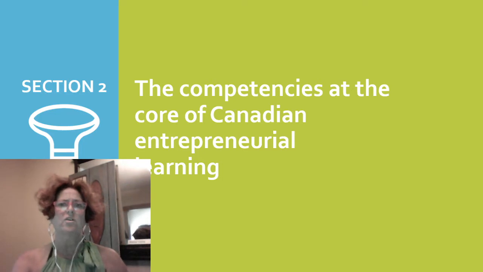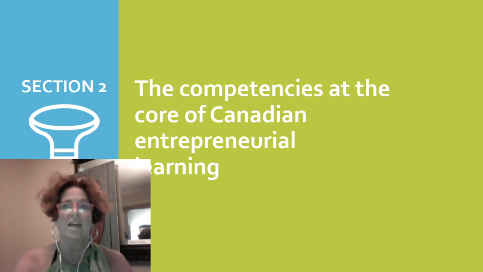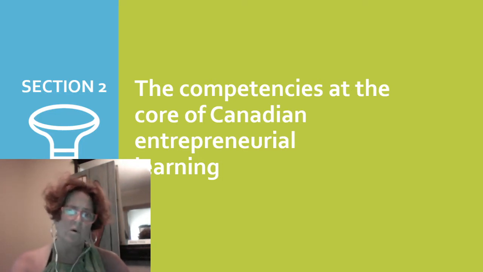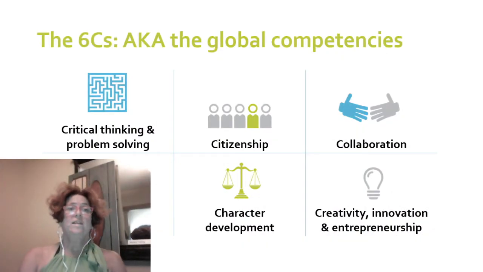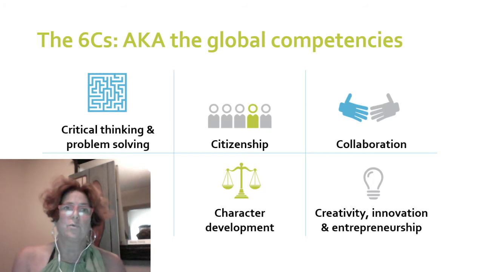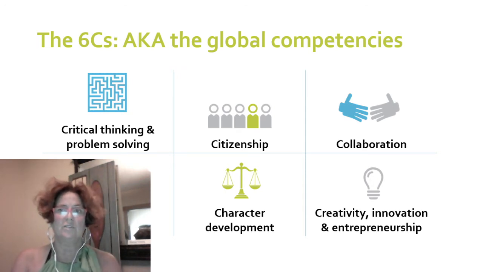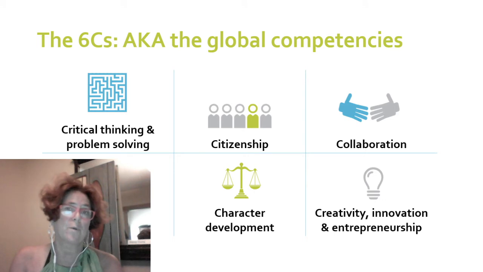So let's step back a second and look at the competencies that are at the core of Canadian learning. As I said, we start with the 6 Cs, the 6 global competencies, and they were put together and reduced to 6 by Michael Fullan, who's a leading educational thinker in the world of both entrepreneurial competencies and broader educational reform.